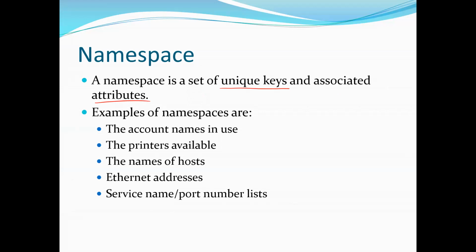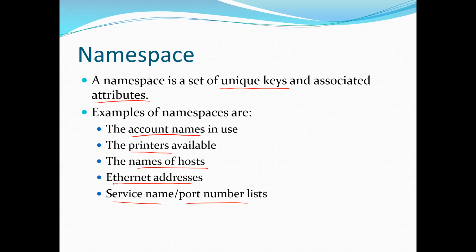So examples of these are, of course, the account names in use, right? But you can also have another set of namespaces for the printers, the names for your host computers, like you might have the accounting computer, payroll, personnel. You have your set of Ethernet addresses, IPs, and also the list of services that you're running, the list of port numbers that are open, etc. Right?